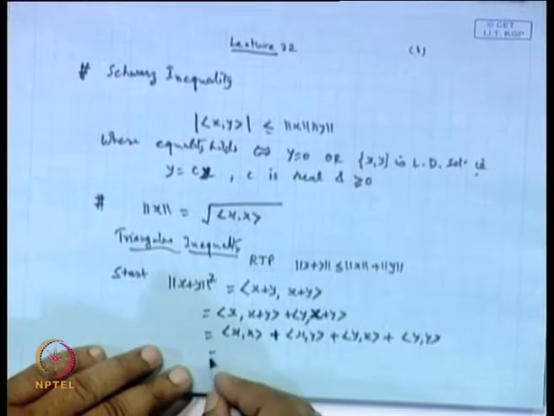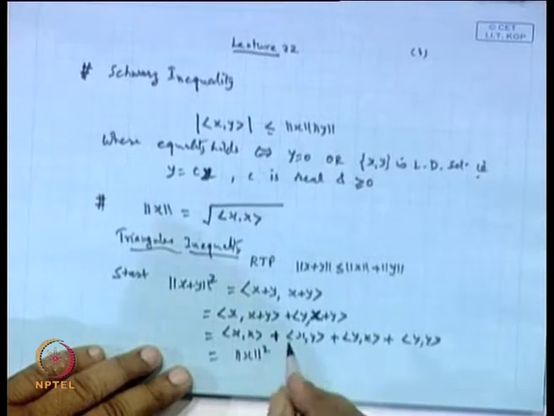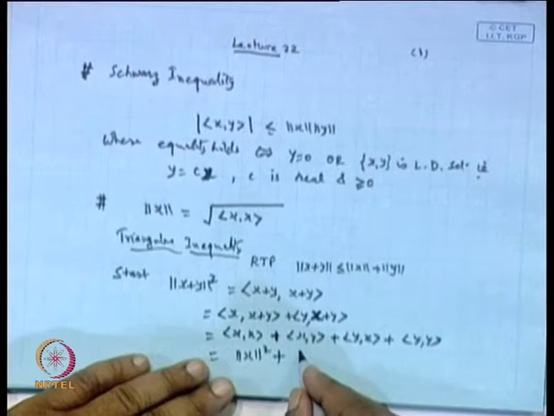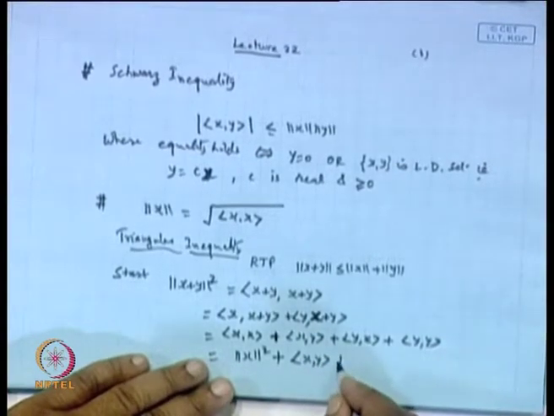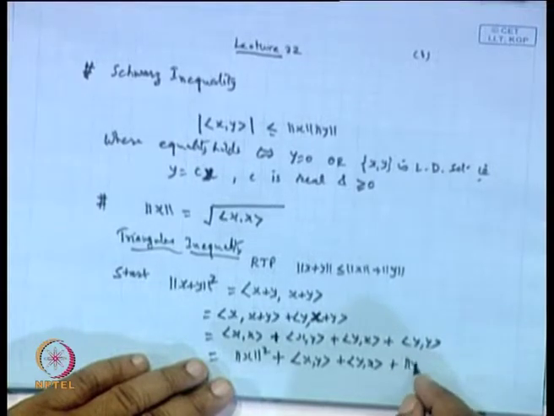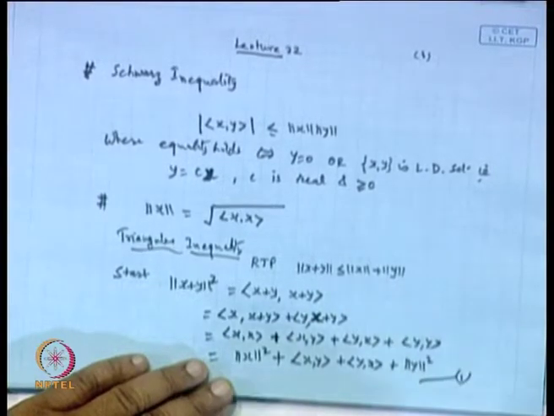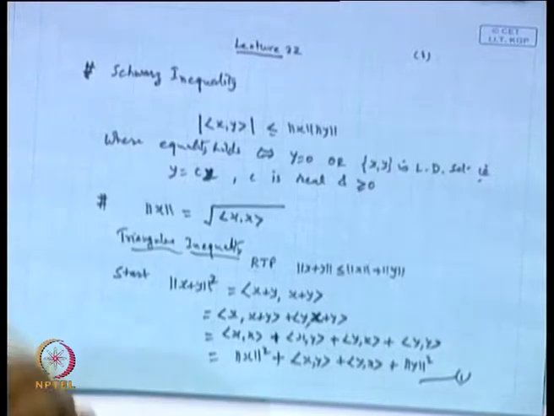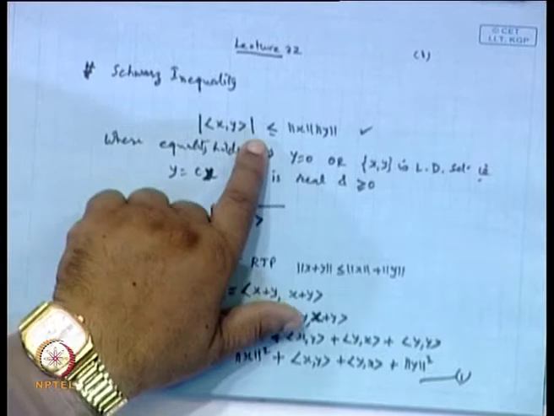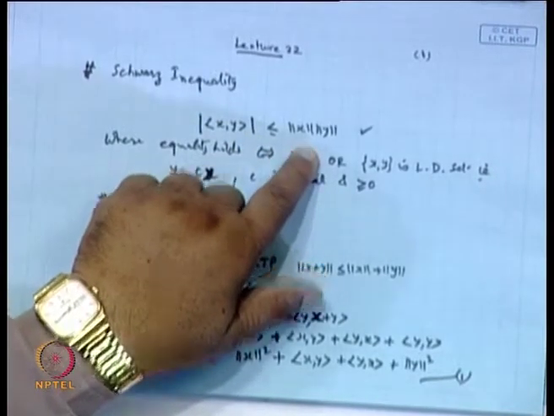But this is the norm of x square by this definition, and this one let it be as it is, x y plus y x, plus this is the norm of y square. Now, we know the Schwarz inequality says that the modulus of the inner product x y is less than or equal to norm x into norm y.